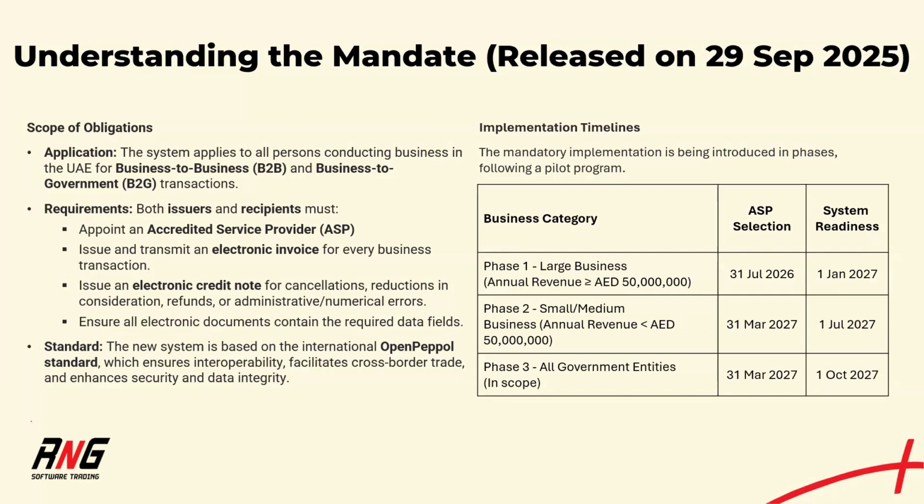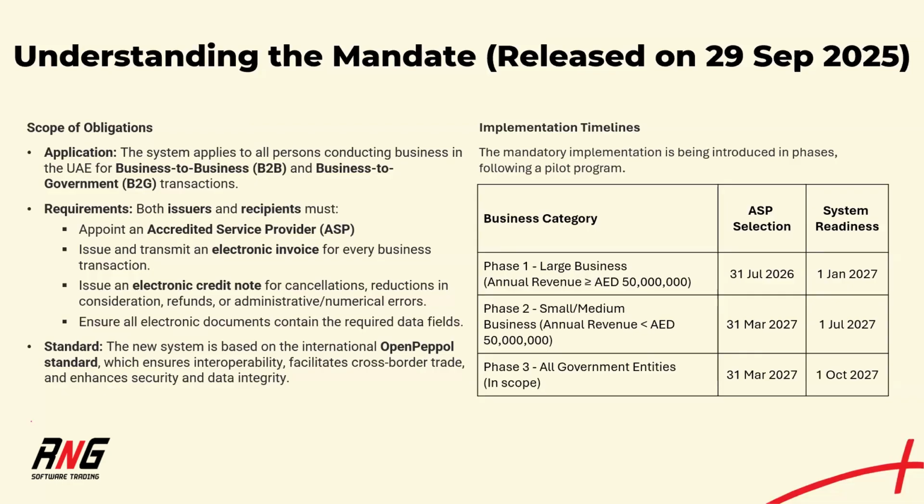Issue an electronic credit note for cancellation, reductions in consideration, refund, or administrative numerical errors. Since it is all happening live and generated immediately, in case of any cancellation of invoices, or any change you have to make, or some numerical or administrative errors, you need to issue an electronic credit note for all the cancellations and mistakes.